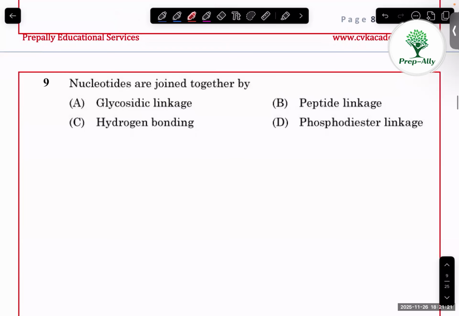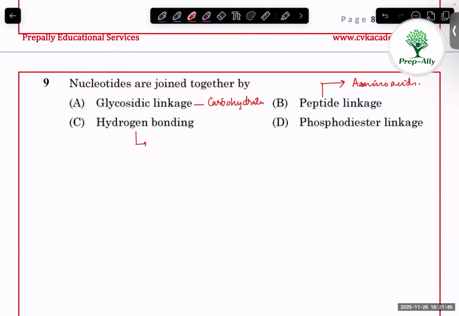Ninth question, nucleotides are joined together by. So here remaining options also we can check. Glycosidic linkage, this is between the carbohydrates or disaccharides or the polysaccharides. Peptide linkage, that is basically between the amino acids. Now hydrogen bonding.